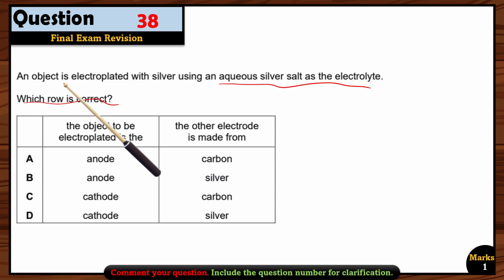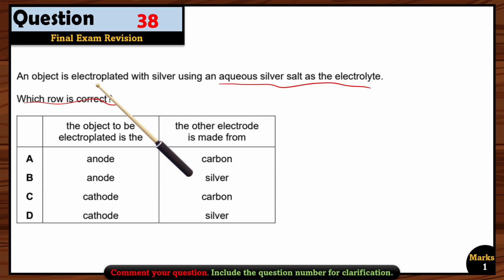Here, an object is electroplated, so your object should be at the cathode. This object can be anything. And any metal you want to deposit should be at the anode, because usually the anode will be oxidized. It will change into ions. It will get dissolved. So the anode should be the metal that you want to deposit.